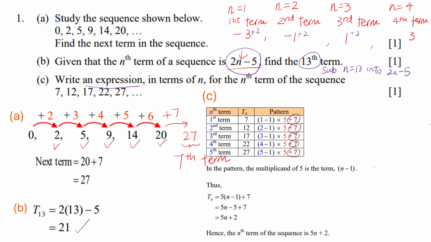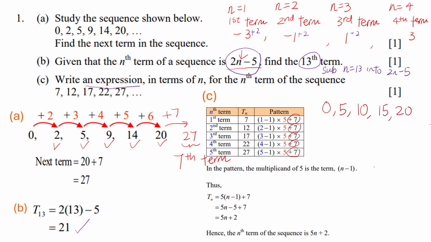Right, and then you will see that 7, 12, 17, 22, 27, if you were to minus away 7, you get 0, 5, 10, 15, 20.